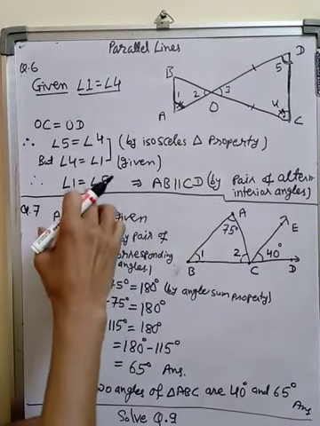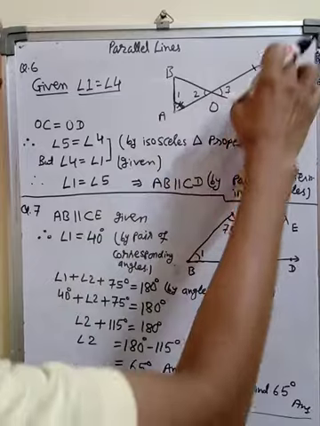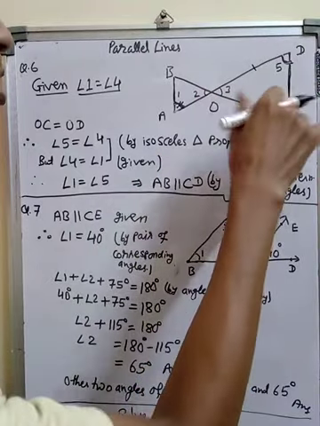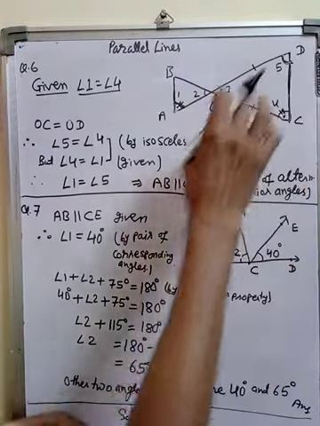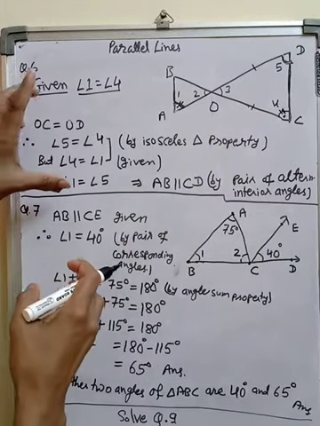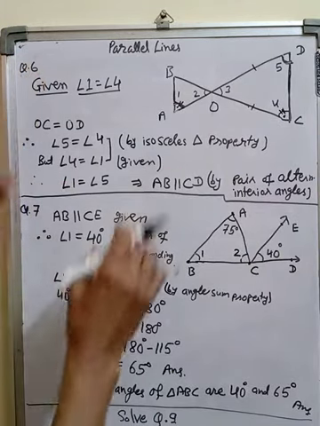So AB is parallel to CD, because these alternate interior angles are equal. So only this much you will write, no need to write extra.